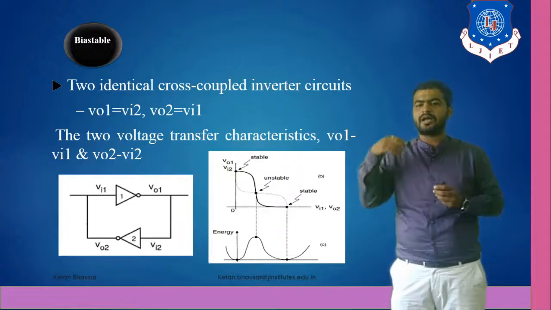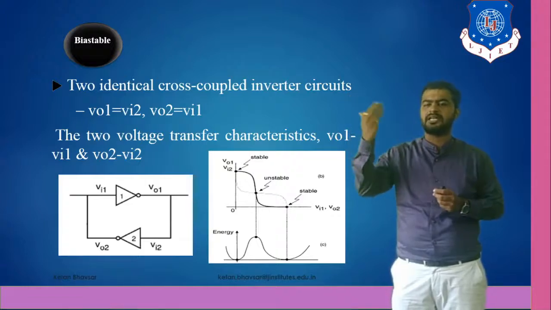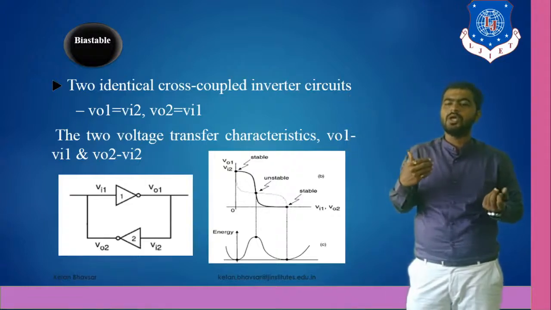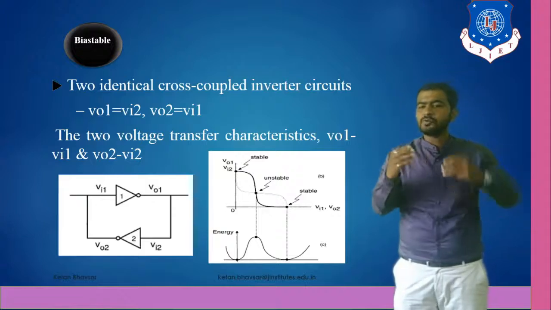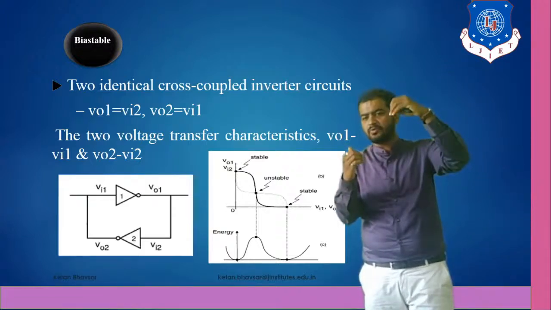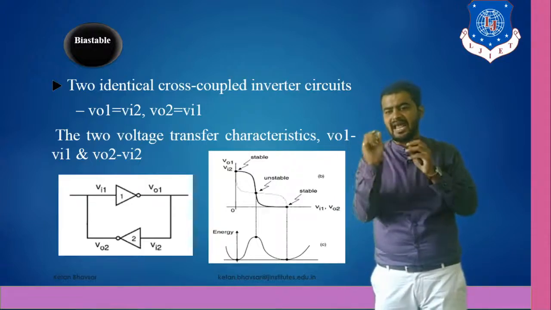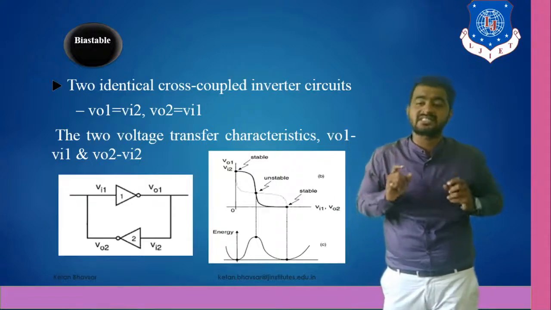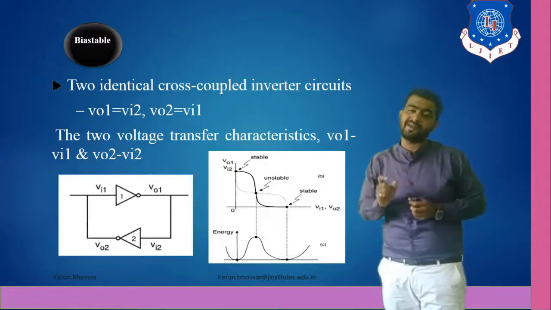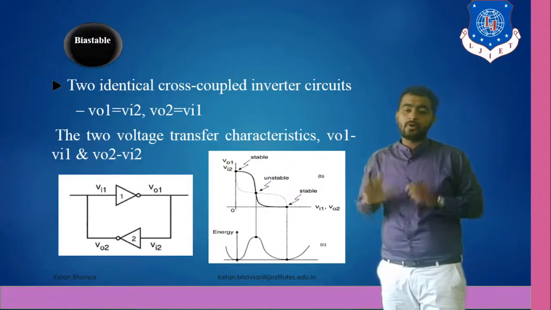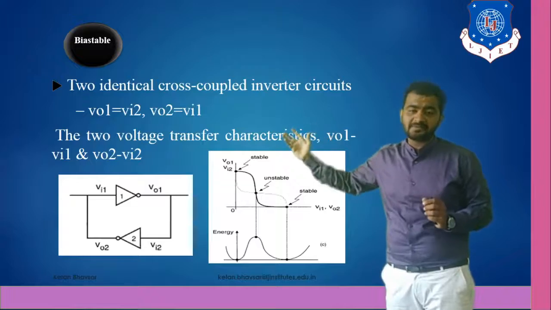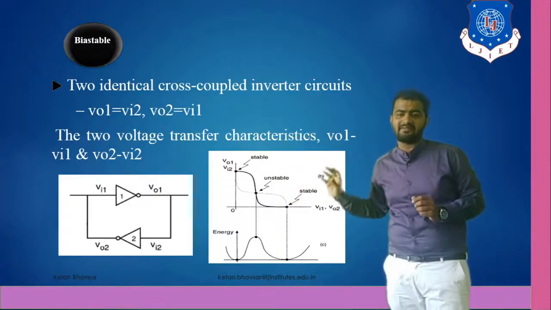If the output of the first inverter is 1, then the output of the next inverter is 0. Before it moves from 1 to 0, there is one switching time, and that particular time is called an unstable point. I hope that you are getting the idea about the bistable inverter, what exactly I am talking about.